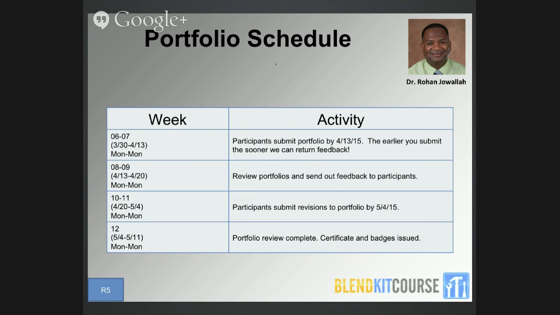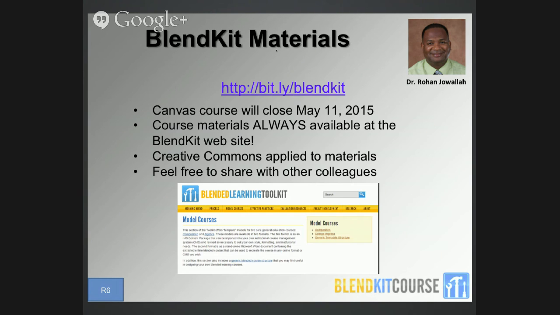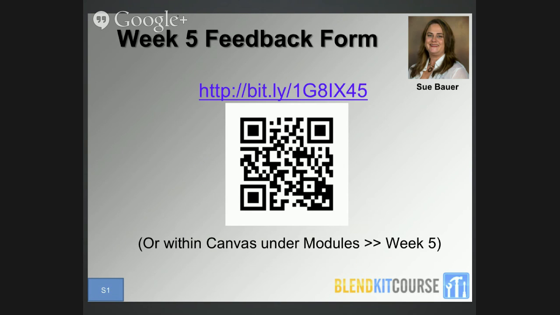BlendKit materials. We have received a few questions about how long BlendKit materials will be available. The Canvas course will be closed early May. Until then, you can click around and look at the materials. Remember, assignments are due at the time indicated earlier. BlendKit materials have a Creative Commons license.